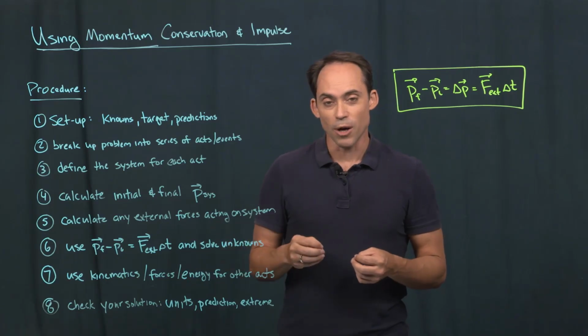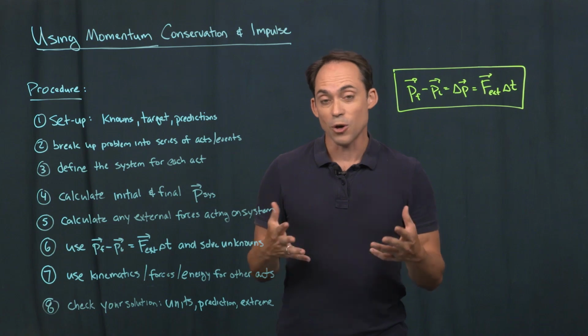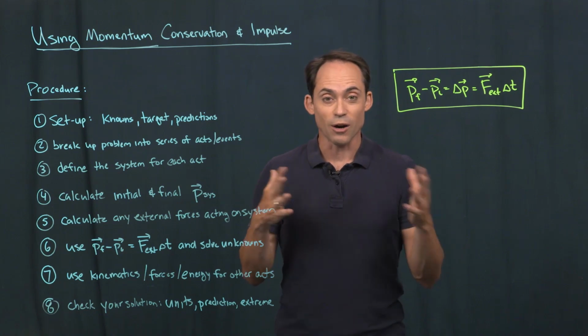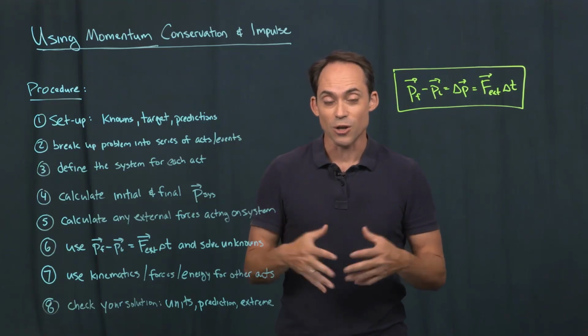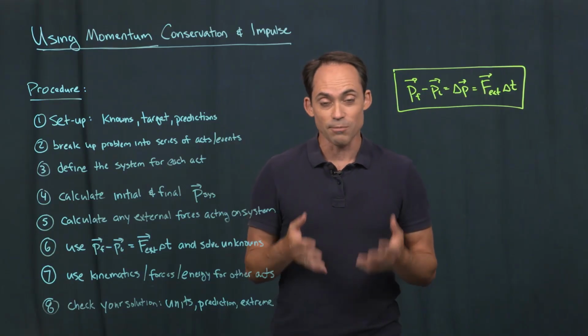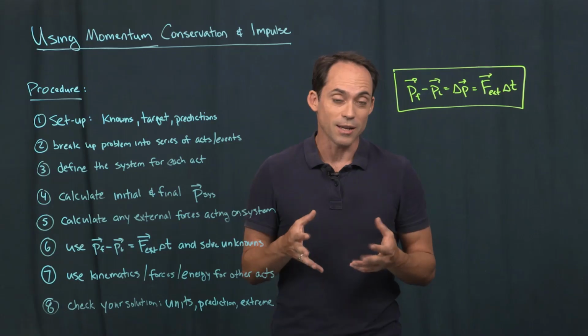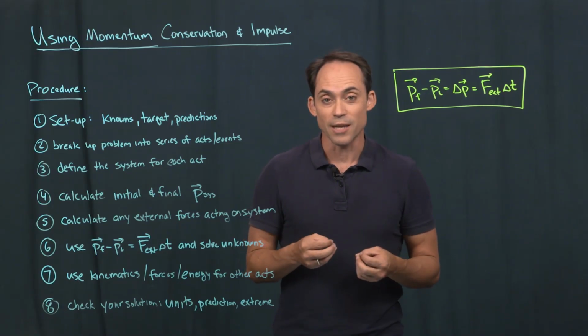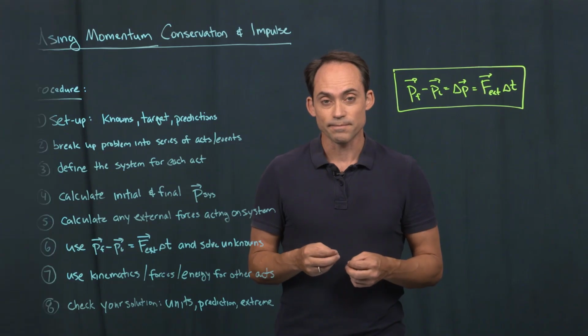Then we use our momentum-impulse relation and solve for our unknowns. We may then have to use our procedures of kinematics, forces, and energy for the other acts to solve for those motions. In the end, we check our solution to make sure it matches the units we're looking for and the predictions we made, and we can test it for different extreme cases to make sure the relationship is what we expect.